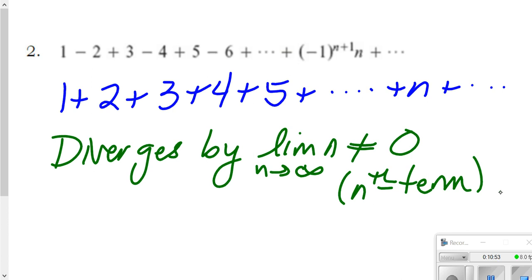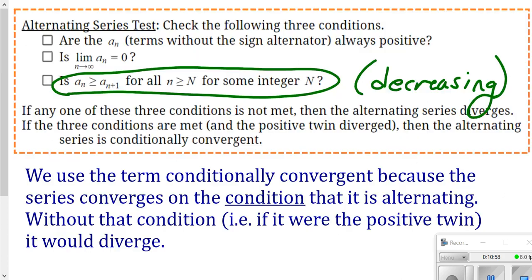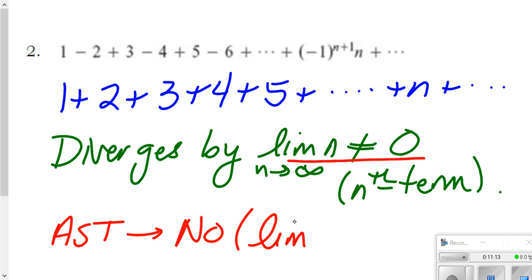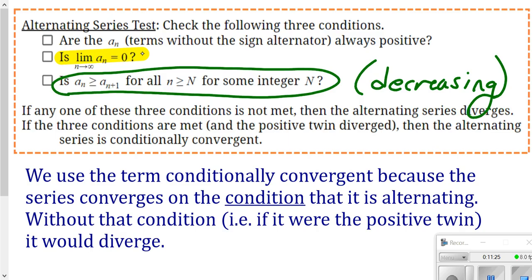Now I want to check my checklist for alternating series test. One of the things on the checklist for alternating series test is, does the limit equal 0? Well, I just said that that's not the case. So no, limit is not 0. Okay, so this points out a special case. If you have divergence of the positive twin according to the nth term test, then this part of the alternating series test is going to fail.